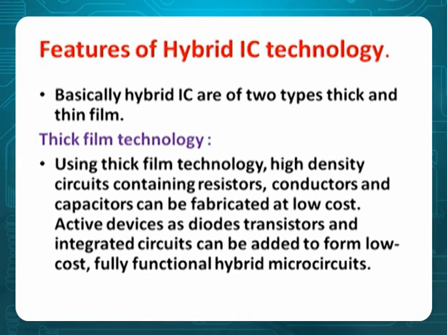Active devices like diode, transistor, integrated circuits are also developed at a low cost, and hence it is called thick film technology. And because we are taking passive components and active components, we call it hybrid technology.